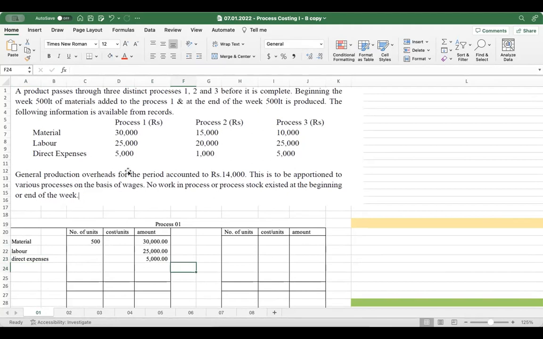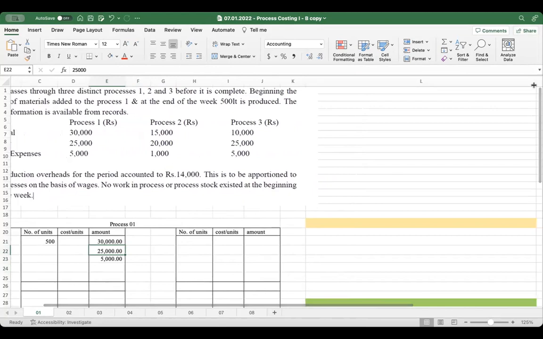Now, what is the adjustment that we have to do? Total production overhead for the whole process, all three processes, until it becomes a finished good, will be 14,000 rupees. Now, the condition is given. This is to be apportioned to various processes on the basis of wages, means the labor, right?